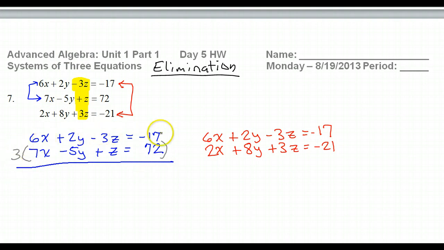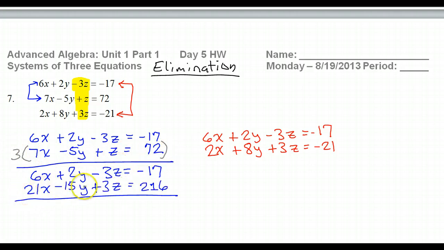Now, of course, this top equation is just going to come down unchanged, just like this. Okay, it's the same exact equation. I didn't change anything. Now I'm going to distribute this 3 across the equation and see what I get. And here's the equation I get after I multiply everything by 3. So I want to combine like terms, because my whole point was to get rid of these z's, eliminate the z's.